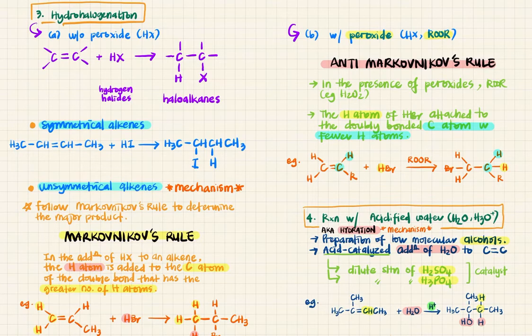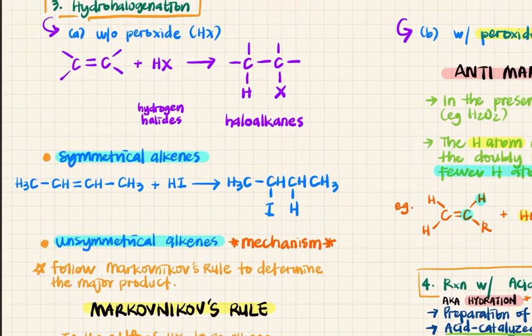You can do hydrohalogenation without the presence of peroxide, that means you only have HX, or you can do it with the presence of peroxide. Okay, peroxide is this ROOR, maksudnya dia macam ada banyak oksigen lah. Okay, alright. So let's first look at this one right here.